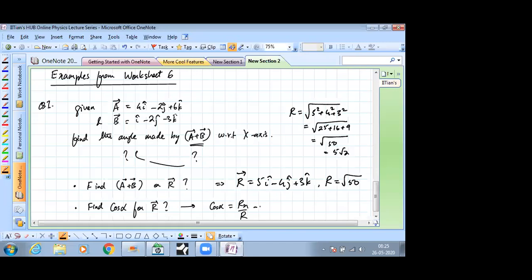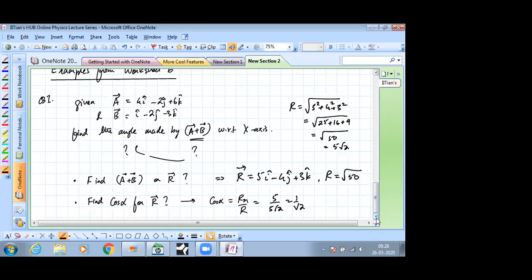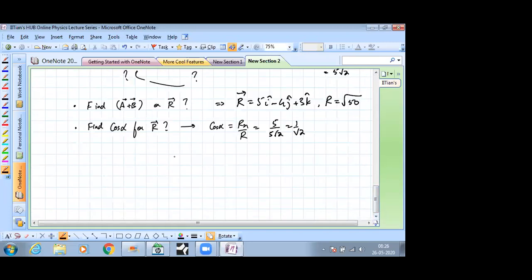That's it. So this is becoming how much? 5 upon 5 root 2, that's 1 by root 2. So that's your answer.